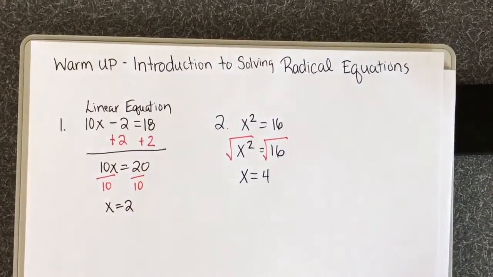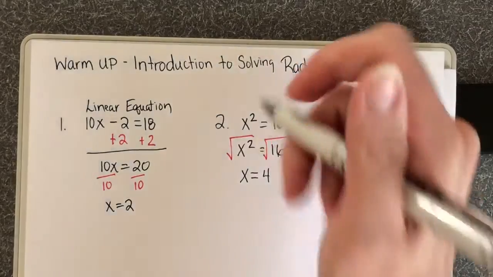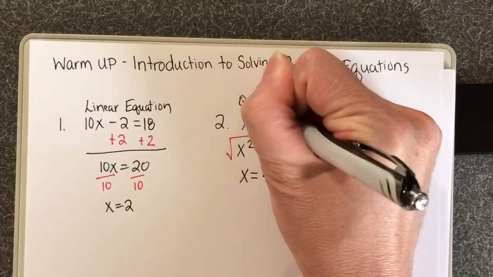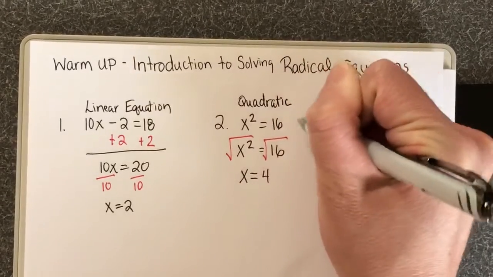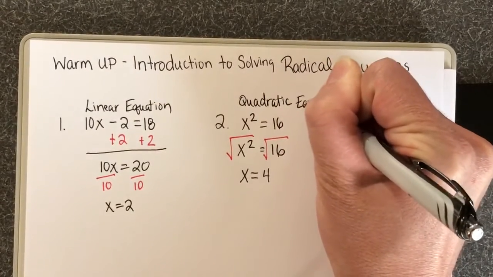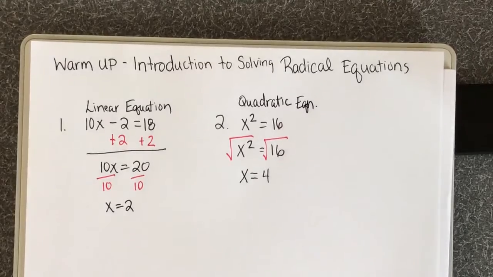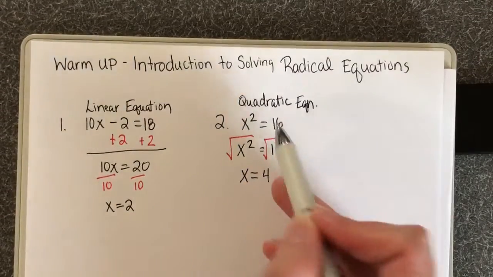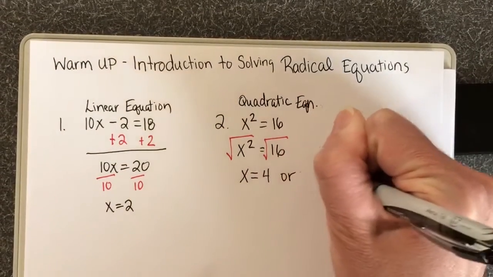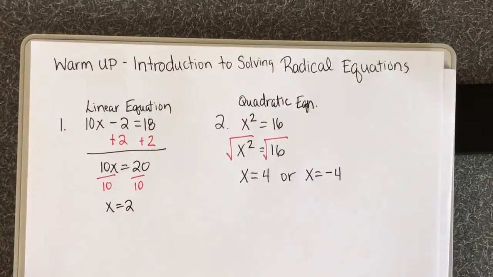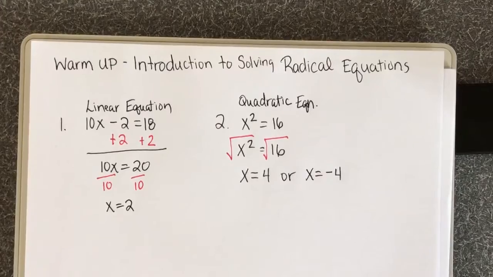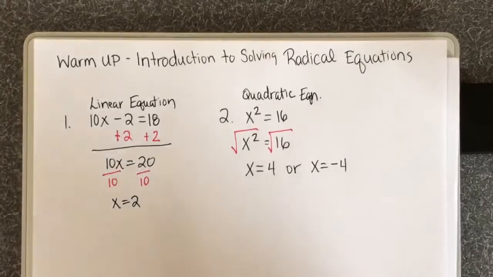But because it's an x squared and this is a quadratic equation, you know that there's going to be two solutions. Because 4 times 4 is 16, well, negative 4 times negative 4 is also 16. So the other solution is negative 4.